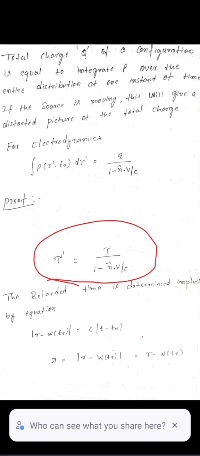Consider this is tau dash and this is tau. Tau dash is the volume of charges that is moving, meaning the apparent volume, and tau is the actual volume.